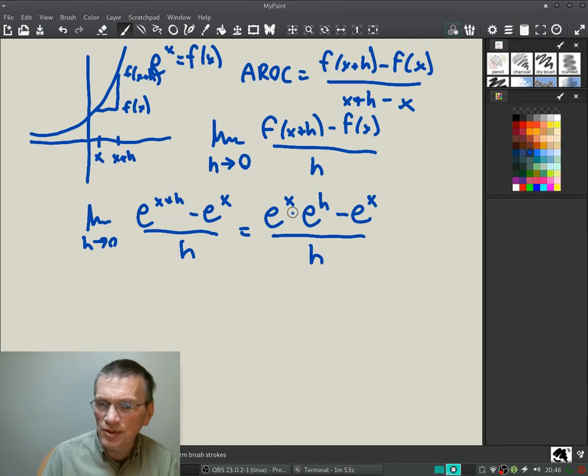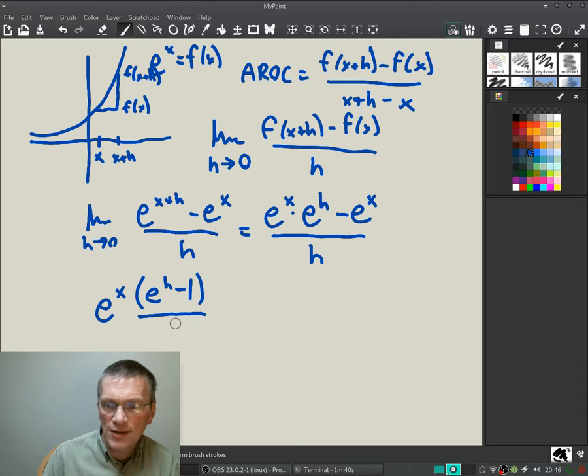Alright, these both have an e to the x in it. Let's factor that out. This ends up being e to the x times e to the h minus 1 over h. Right, so we factor the e to the x out.